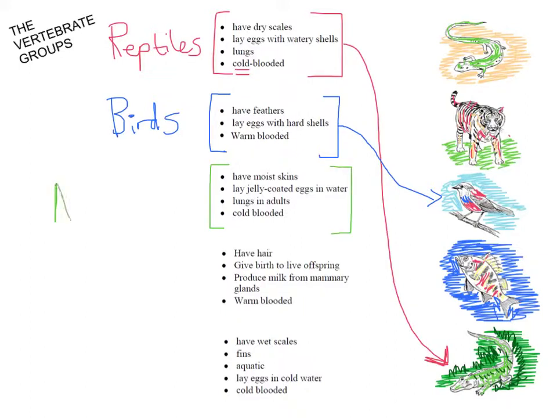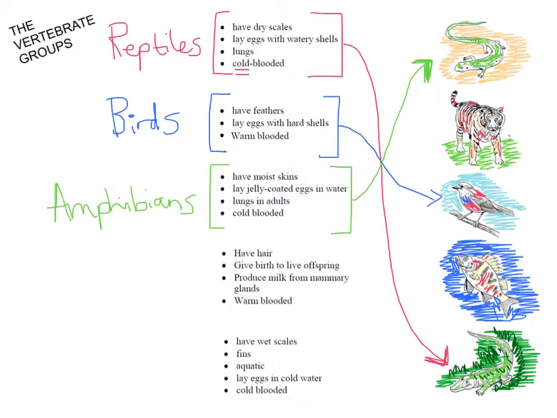This group are what we know as the amphibians, and we have a newt as our example up here. Newts, frogs, toads, just some examples of different amphibians there, which leaves us with 2.